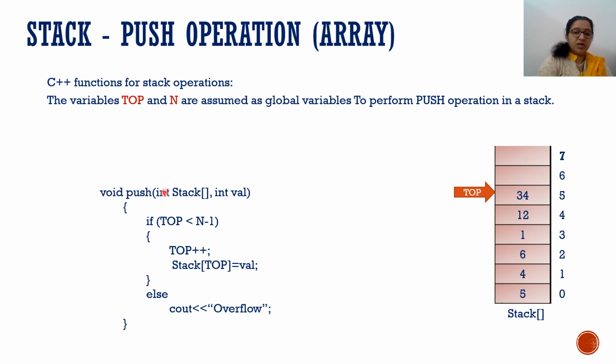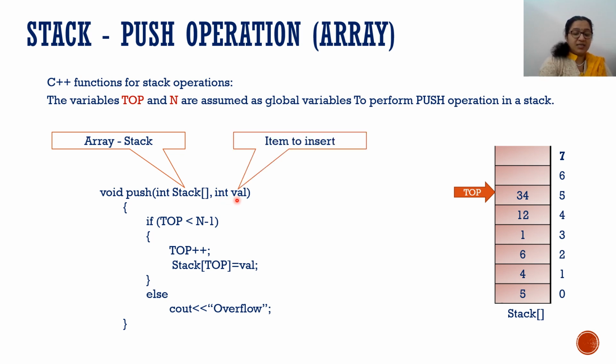So void push is the function name and in the brackets 2 arguments are there. One is int stack[], that means we are passing an array. So array stack. This is an array. Then the second argument is int val. This is the item we want to insert in that array. So these two we are passing from the calling place.